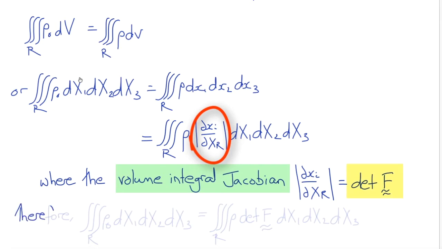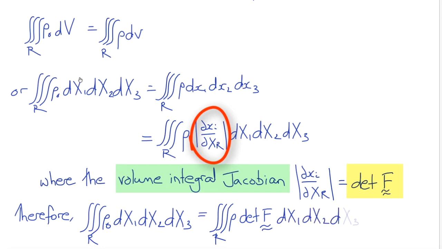So therefore we can now write our integral equation as the triple integral over R of rho naught, the undeformed density, with respect to undeformed coordinates dX1, dX2, dX3 is equal to the triple integral over R of rho, the deformed density, times the determinant of F, dX1, dX2, dX3.